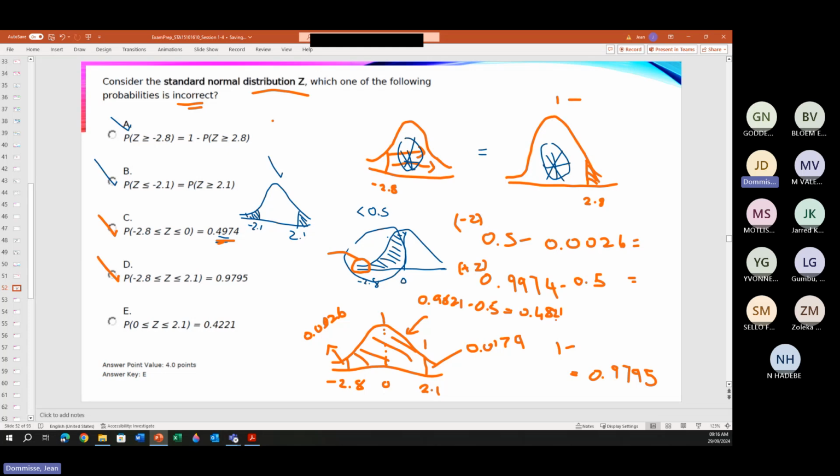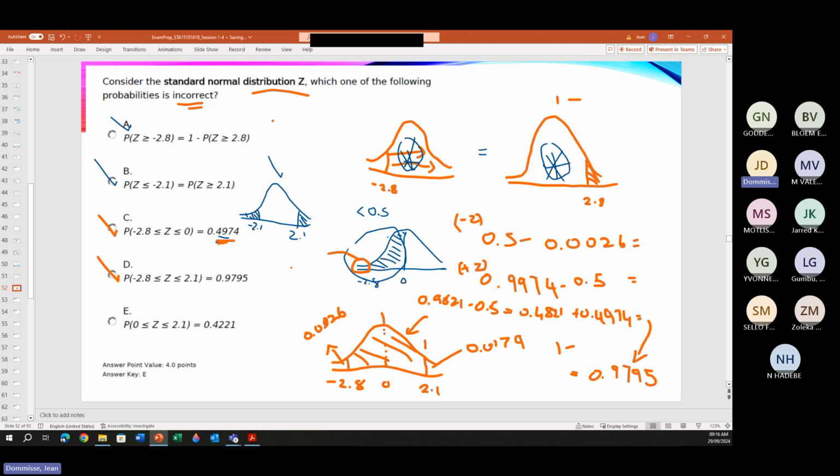And if you add that to this one that we have calculated, 0.4974, you will also get, or you're supposed to get, the same answer.